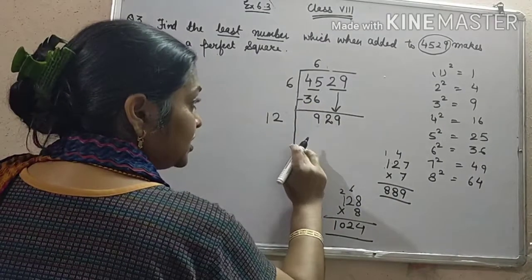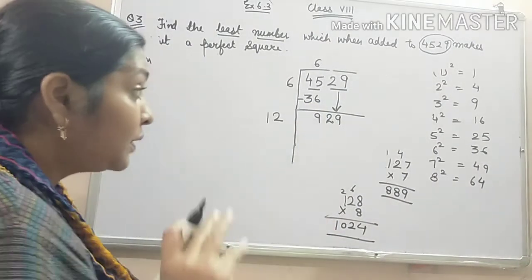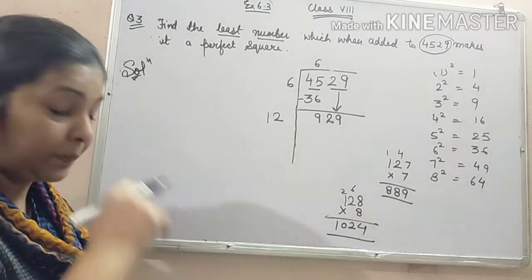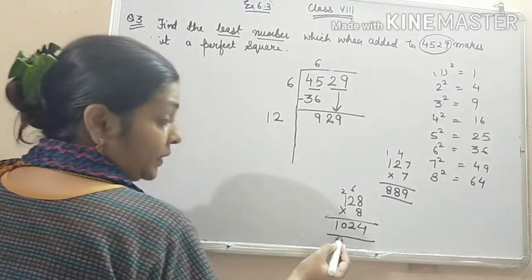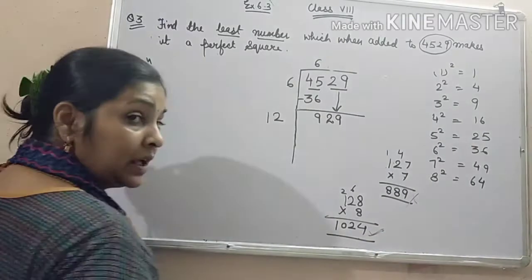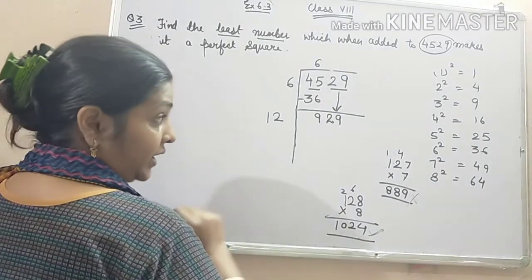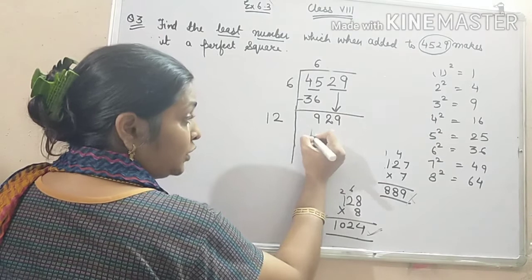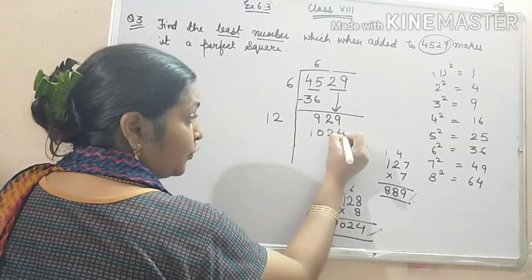There is no change in the procedure. But what will be our next step? Our next step will be that we will take the greater number instead of the smaller number. So we need to subtract from 1024.